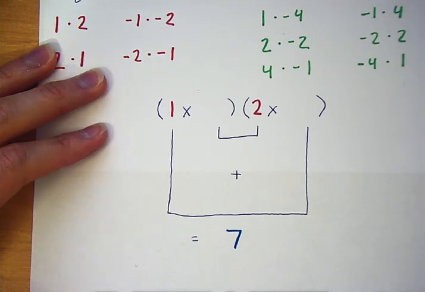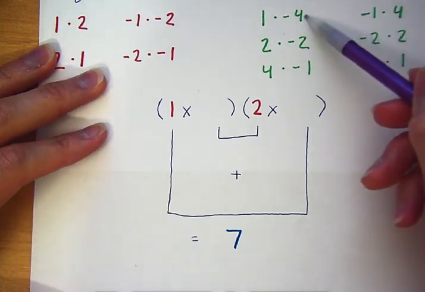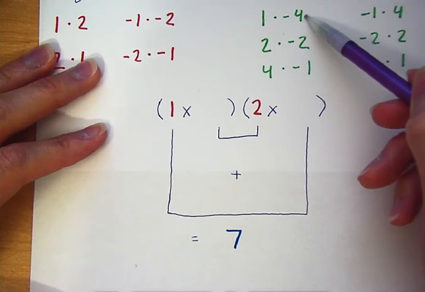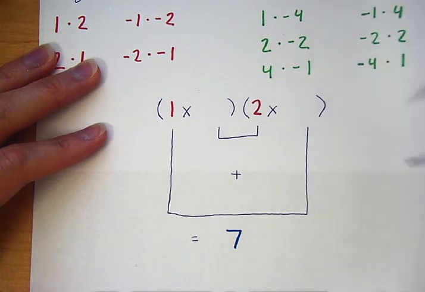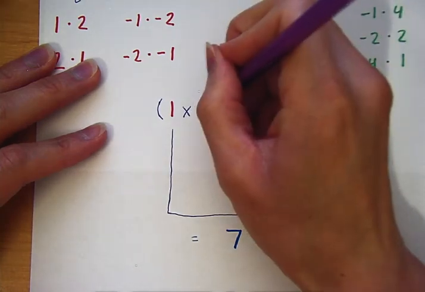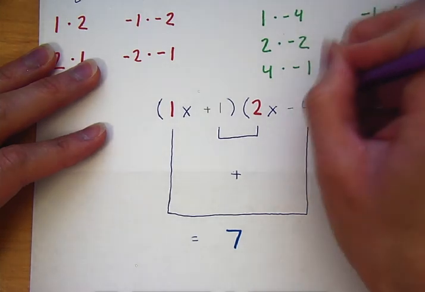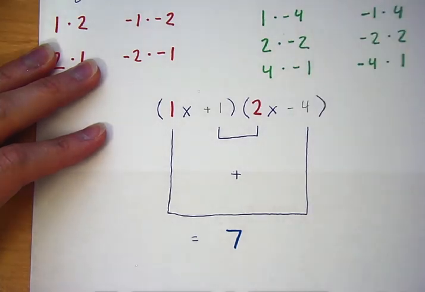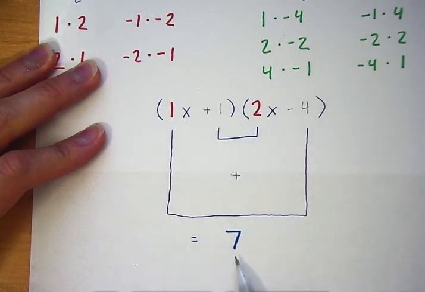Let's say the first thing I'm going to try to guess and check is this one right here. So 1 and -4. Okay, so this is a +1. So if I put +1 here and then -4 here, let's see if at the end that will make a +7.